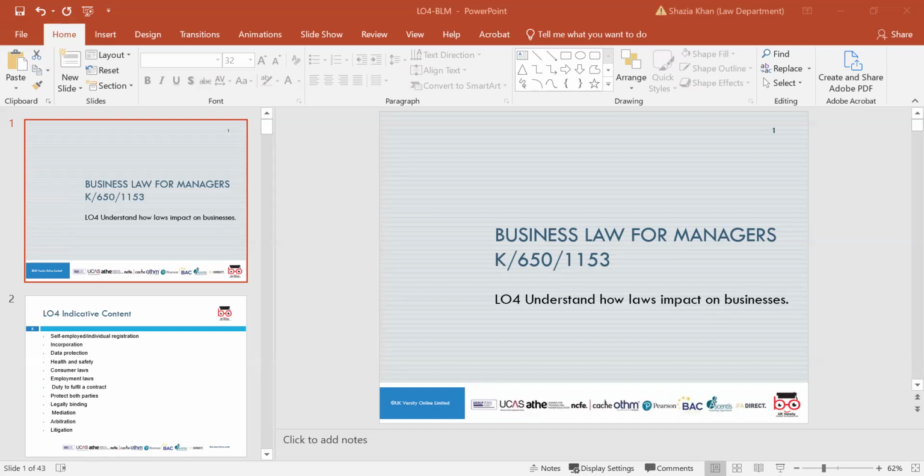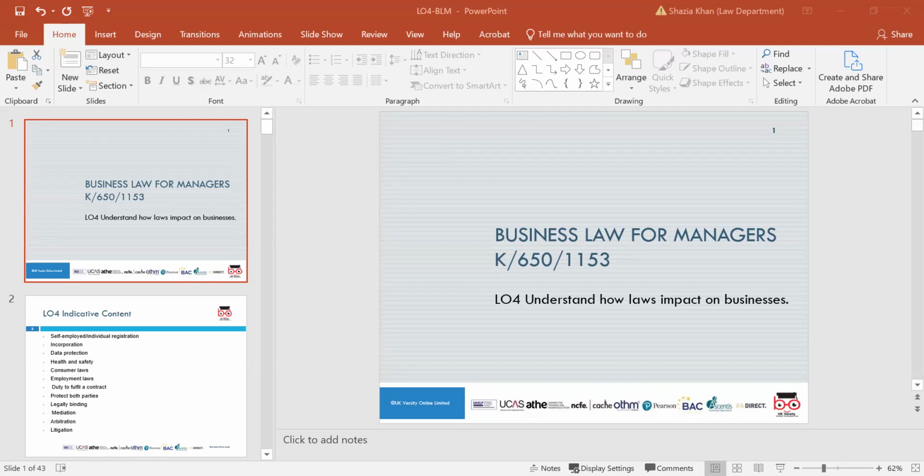We then looked at the element of fit for purpose under the Consumer Protection Act 2015, what that means. We looked at satisfactory quality under the Consumer Act 2015 and what that means in regards to a product, looking at the element of durability, appearance and performance of the product, as well as defects of that product.